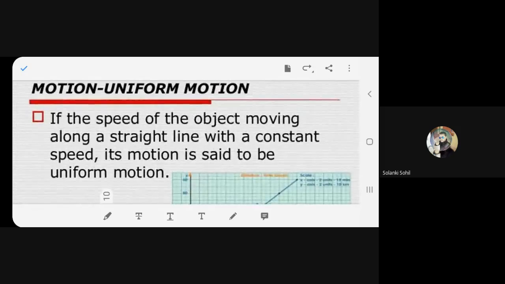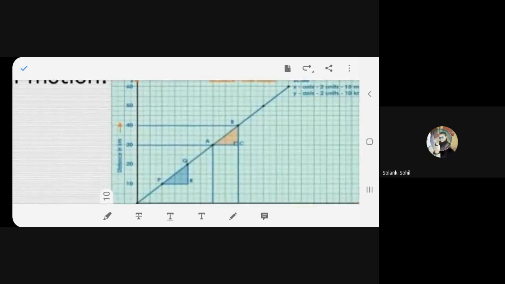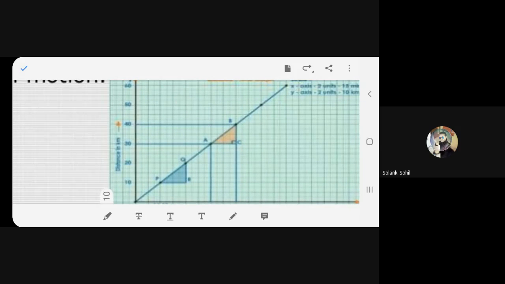Uniform motion. If an object is moving along a straight line with a constant speed, its motion is said to be uniform motion. See over here, you see the straight line? The whole thing is a straight line.